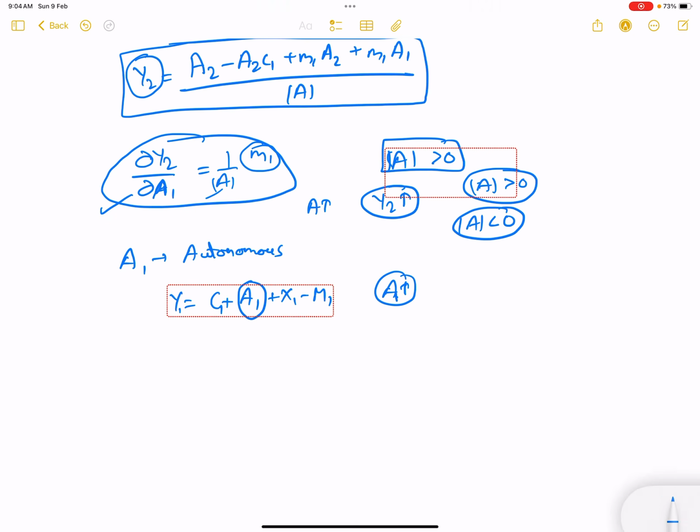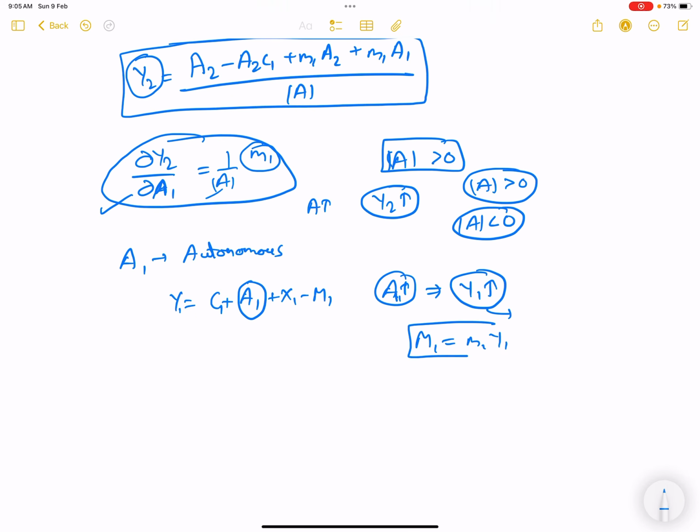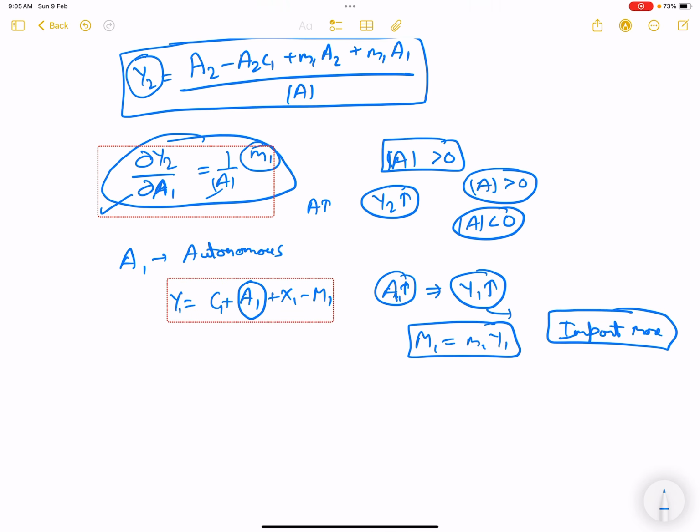Now since y1 has increased and imports also depend on y1, if a country's income is increasing, then they will import more. And if they are importing more, the exports of the other country would increase because it is equal to the import of the first country.